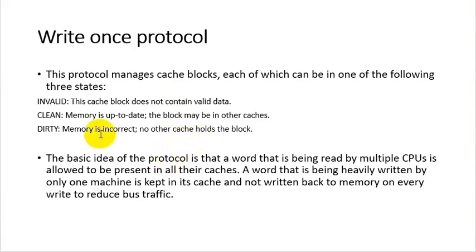A dirty block means the cache contains a newer version than the main memory. This approach significantly reduces unnecessary memory updates and lowers bus traffic. As a result, the processor can perform repeated write operations much faster.